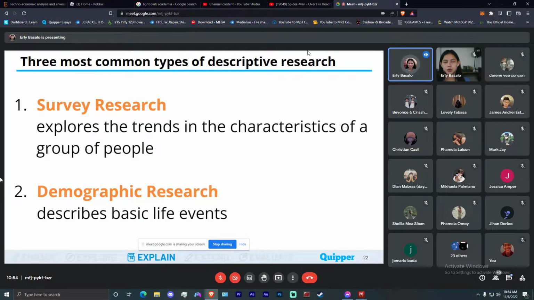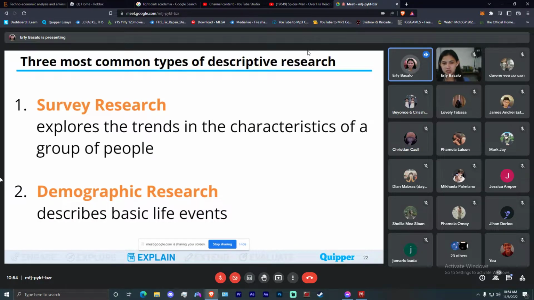Okay, let's proceed to the three most common types of descriptive research. In descriptive research, we have survey research. It explores the trends and the characteristics of a group of people. So, more on knowing what the different characteristics of a group of people.